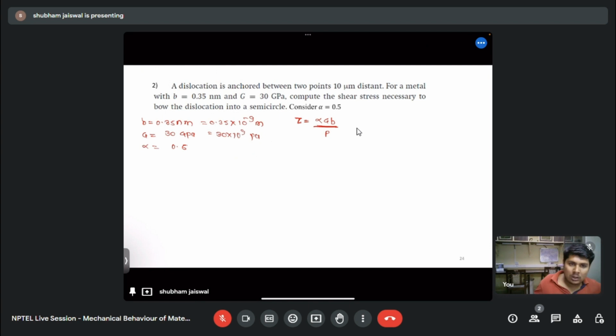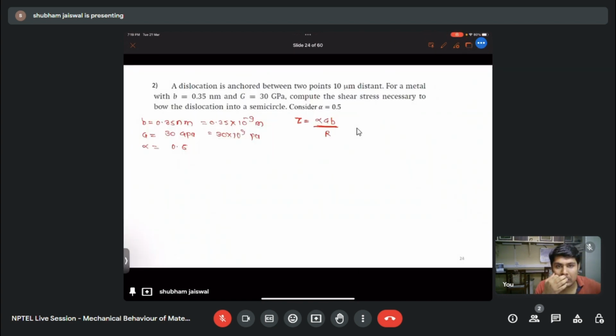R. So we have alpha, G and b. We don't know the value of R. So how to find out? They have given that there are 2 points. Let's say these are the 2 points and they are at a distance of 10 micrometer.